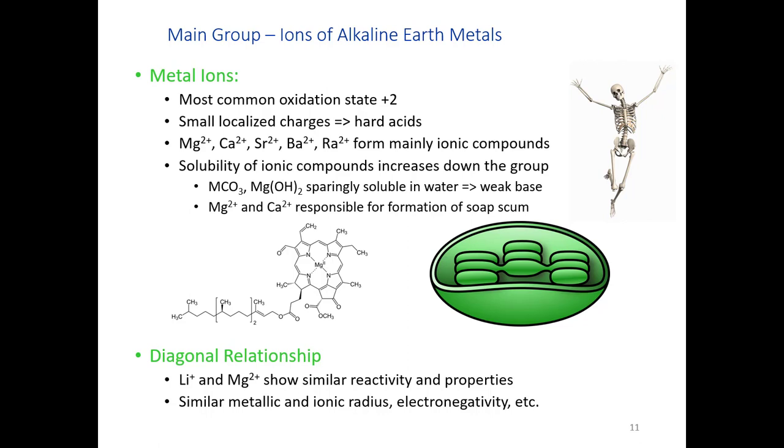Down a group, however, atomic radius increases and electronegativity decreases. The net result is that the elements one group over and one row down have similar properties to each other. So in this case, lithium and magnesium.